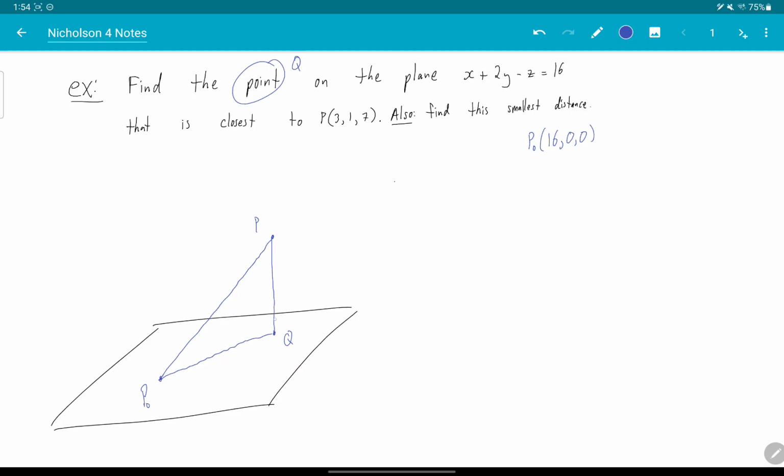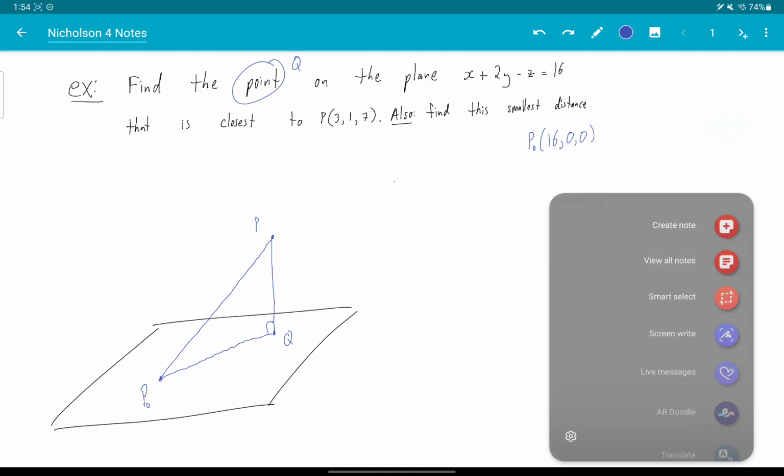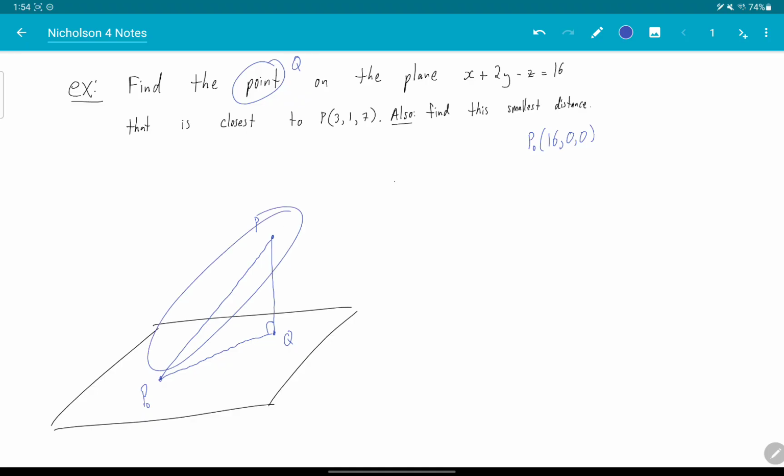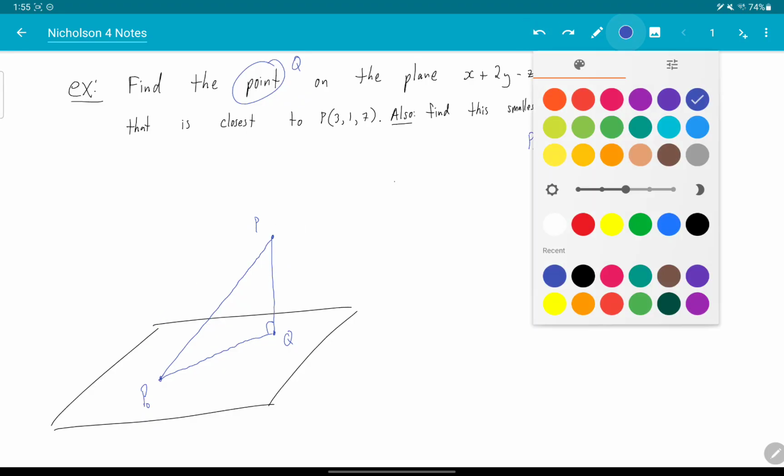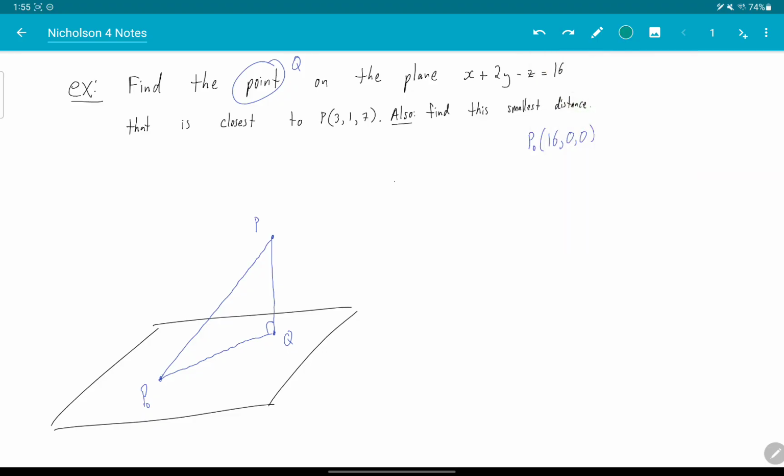And then Q is the closest point to P, so there's a right angle right there. So we want to do a projection. We'll do the vector from P naught to P, and we'll call that vector U.